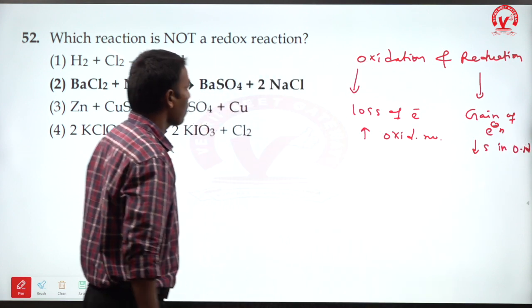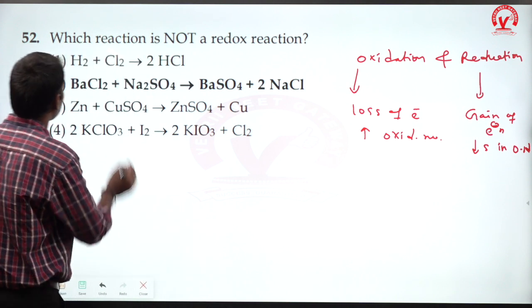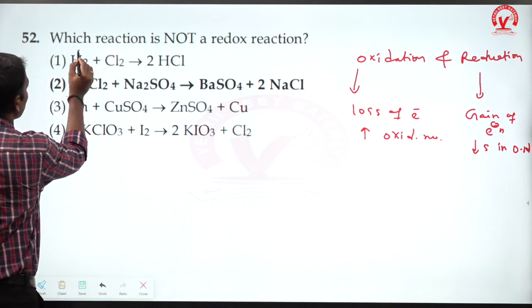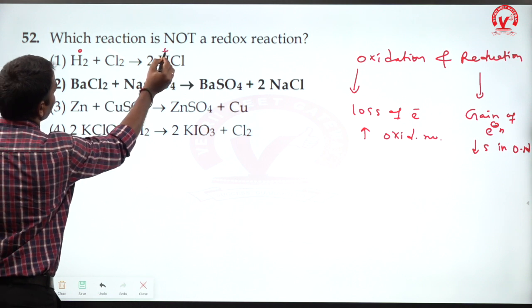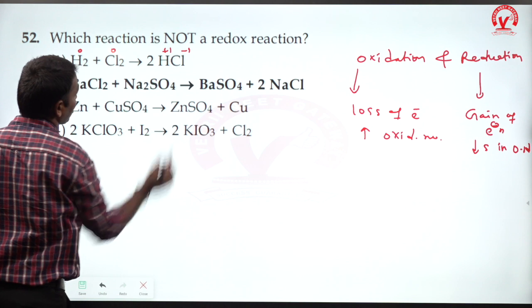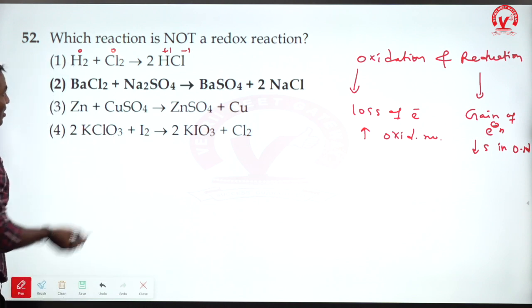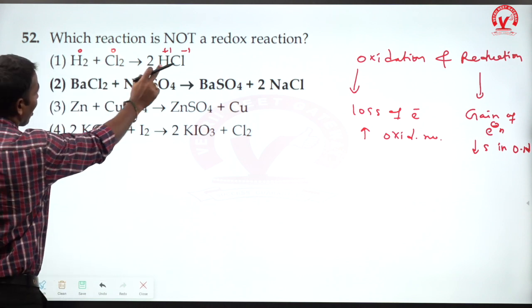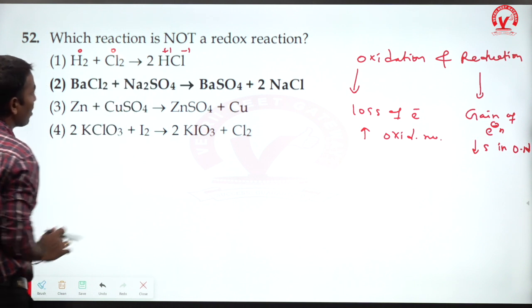Now please observe here carefully. H2 here, 0 oxidation state changes to +1 oxidation state. Cl2 is 0 and changes to -1. So it is a redox reaction because hydrogen loses electrons and chlorine gains electrons.